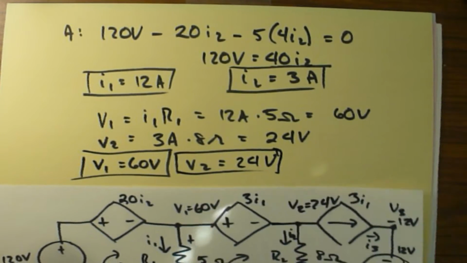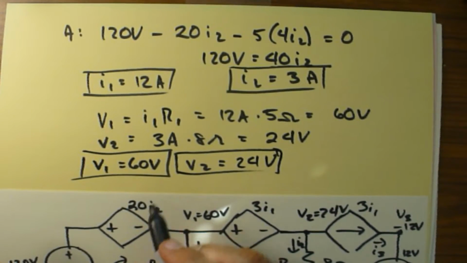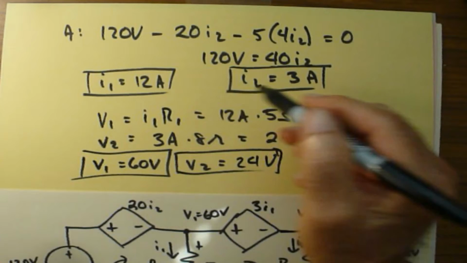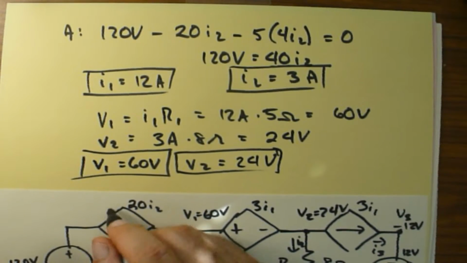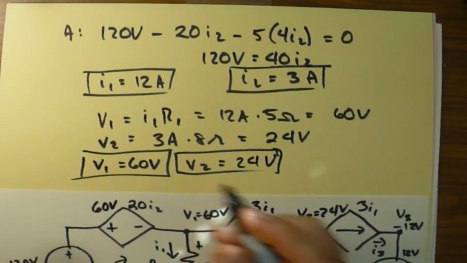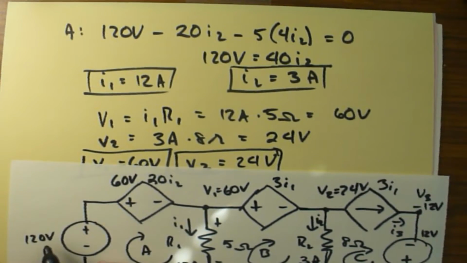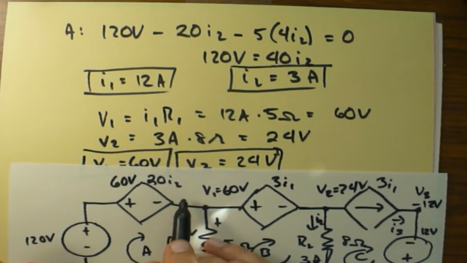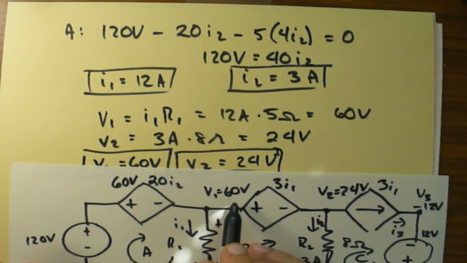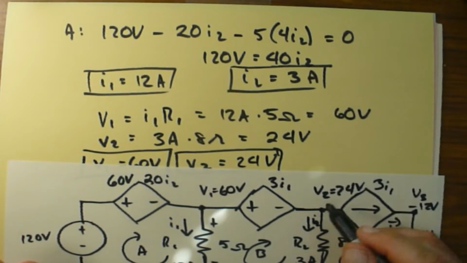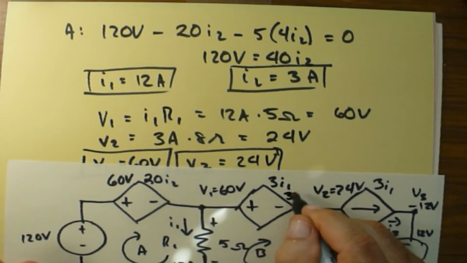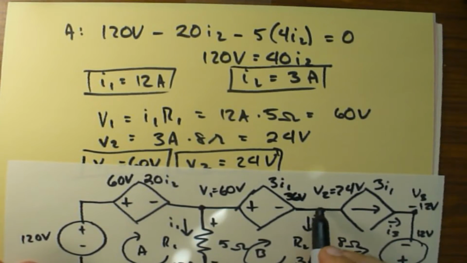Let's make sure that some of this stuff makes sense. 20 times I2, which is 3 amps, is 60 volts. So here we have 120 volts minus 60 volts equals 60. Well, that's correct. So that one's good. And this one is 24 volts, so there should be a 36 volt drop between V2 and V1.